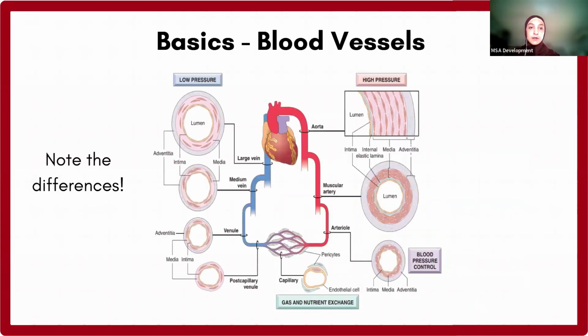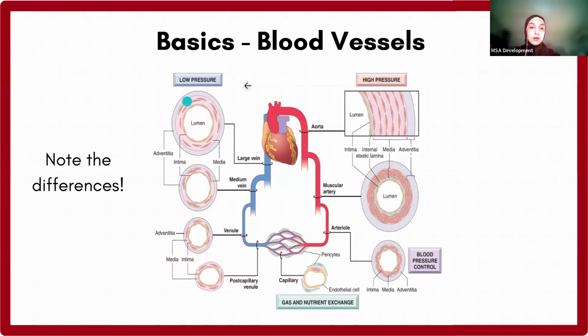Now, the blood vessels are also structurally different. Histologically, the high pressure vessels, or the arteries, as we all know, are thicker. They have a thicker adventitia, a thicker tunica media, and a thicker intima layer. They also have something that the veins or the low pressure vessels don't have, which is the internal elastic lamina.